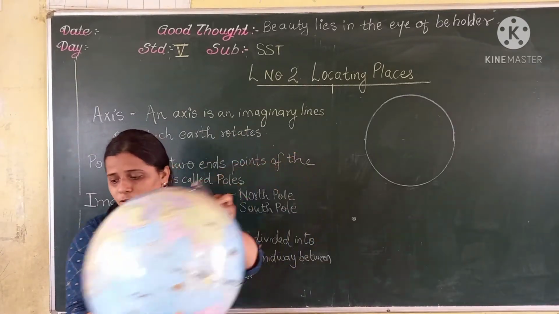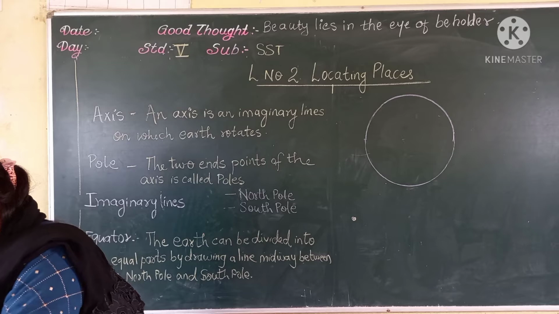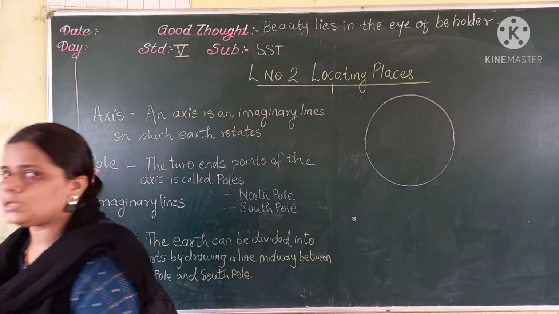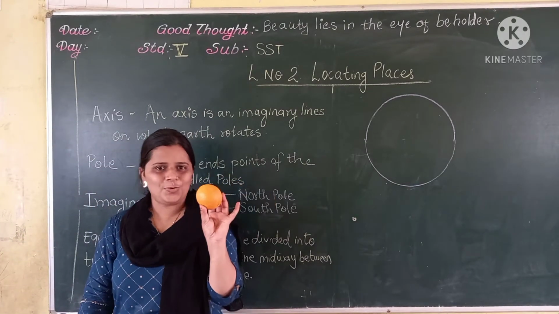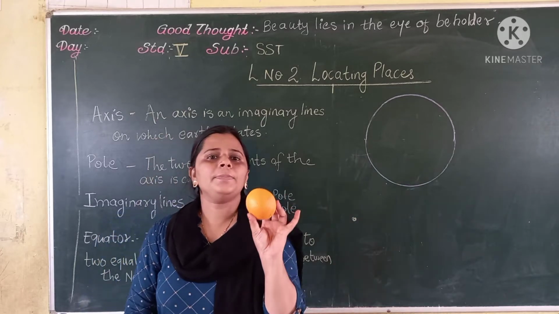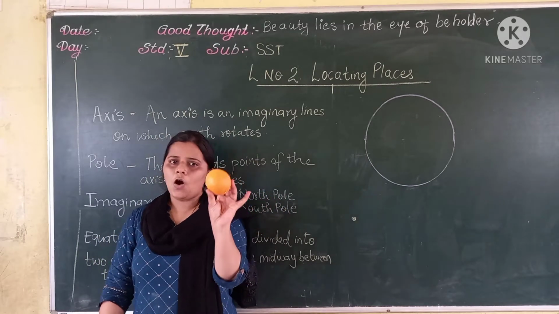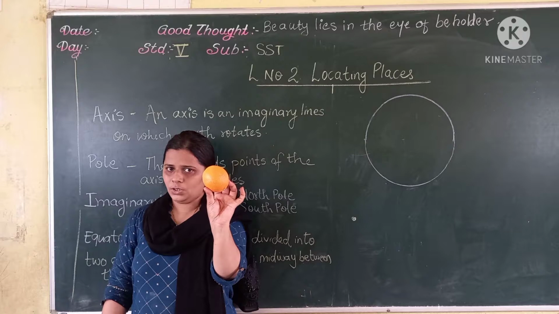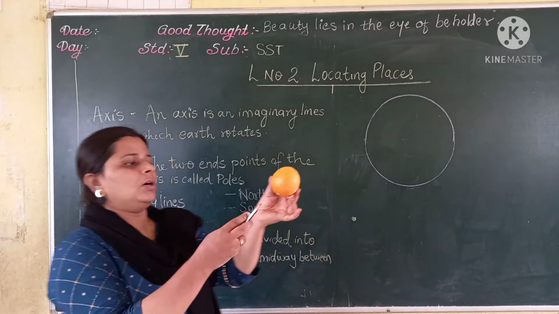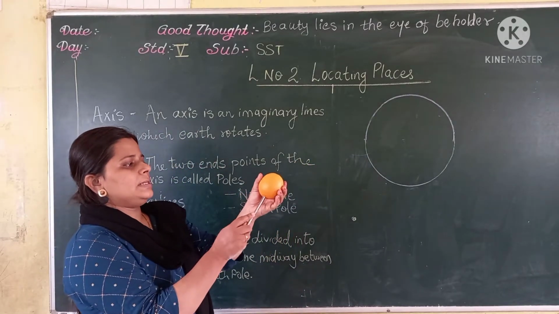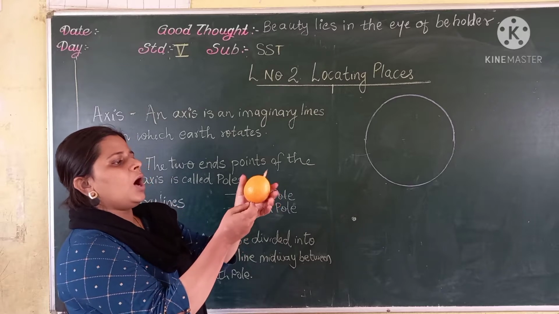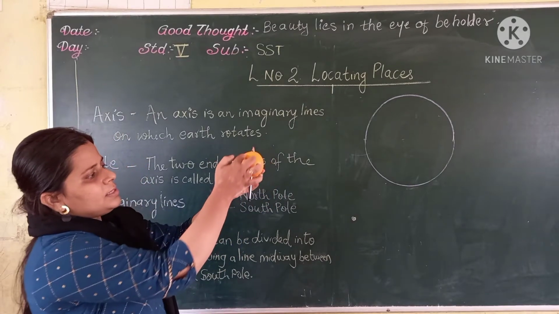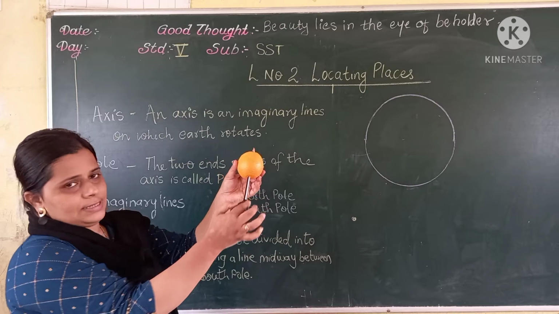Okay students, now I will show you another example. What is this? Of course, this is an orange. Now just assume that this orange is the Earth. Now here I will put a pencil in the middle. What is this? An axis.